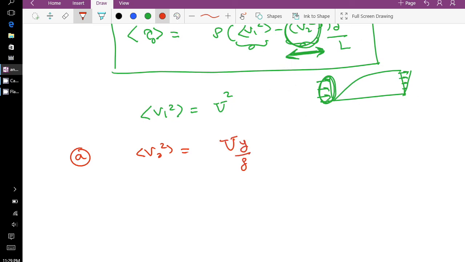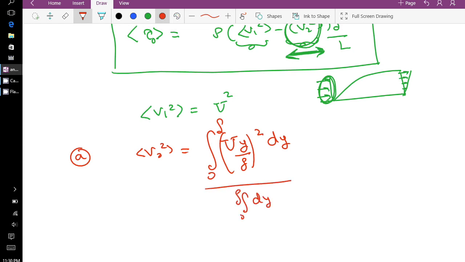To find the square of this, we integrate from 0 to delta dy. We could also multiply by the width, but I'm not doing it for simplicity, because whenever you take a mean, you multiply by the cross-sectional area through which it is flowing. In this case it is dy into the width, but the width cancels out from the numerator and denominator. This becomes y square by delta cube, since one delta comes from here, with dy from 0 to delta.